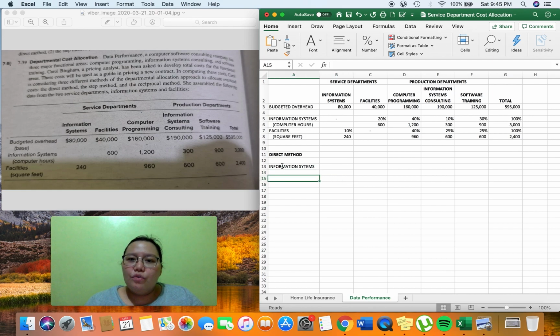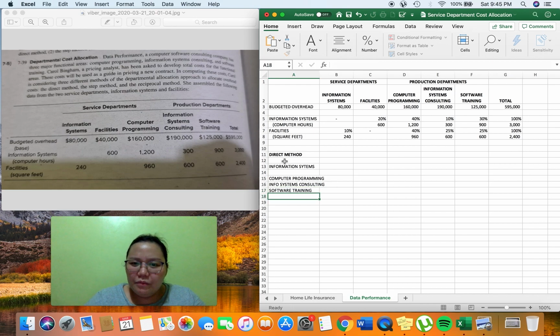So, what we will do here, of course, is list the facility, computer programming, info systems consulting, and software training.